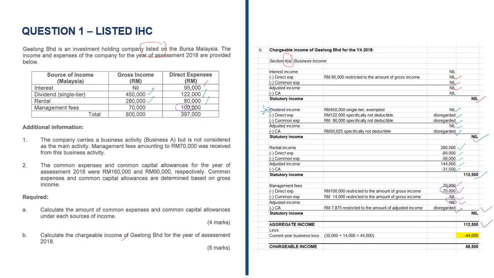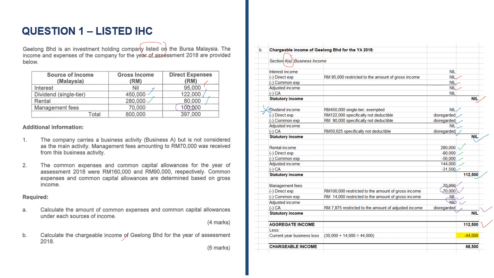So, macam mana kita nak cari berapa banyak business loss? Okay, business loss kita kat sini 30,000. Tahun ni 70,000. Lepas tu kita ada incur direct expenses 100,000 kan.